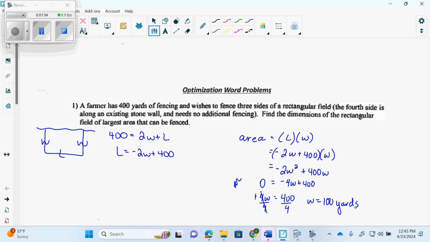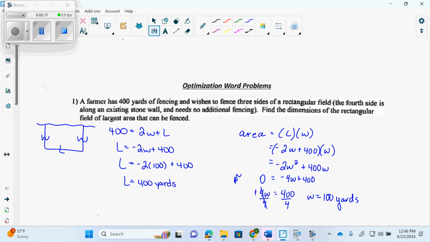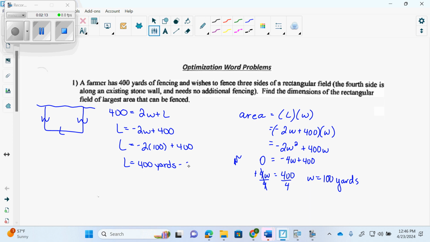Into the length equation, the one we got by itself, right? So we're going to go negative 2 times 100 plus 400. Length equals 200 yards. I went back to it again.